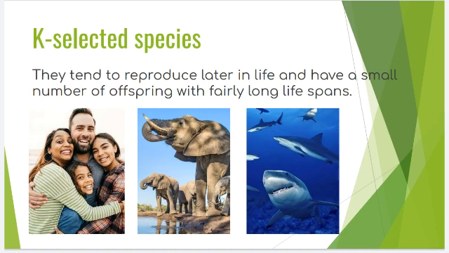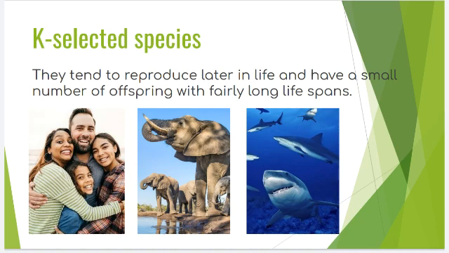Let's say for example human beings need to reach a certain point of their life or maturity before they could give birth to an offspring. They need to reach 13 to 15 years before they could bear their first offspring.